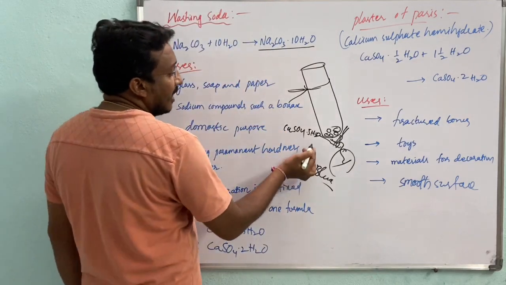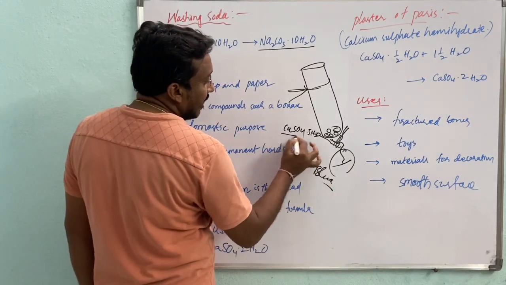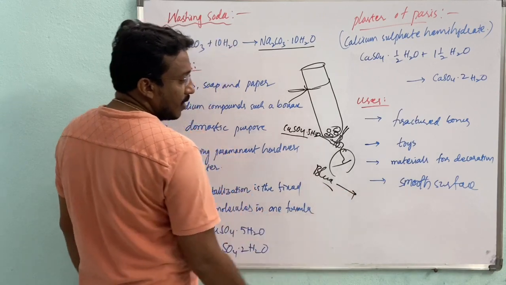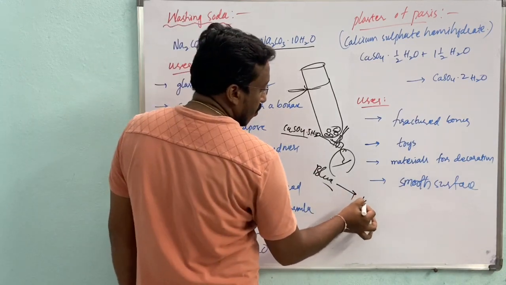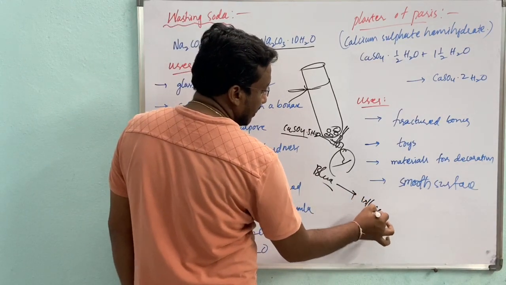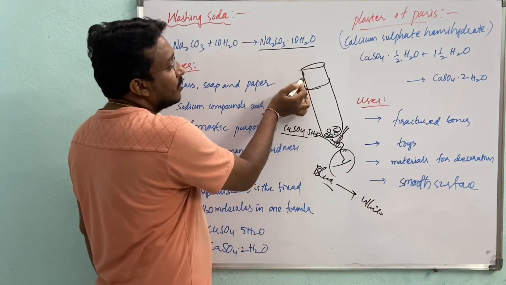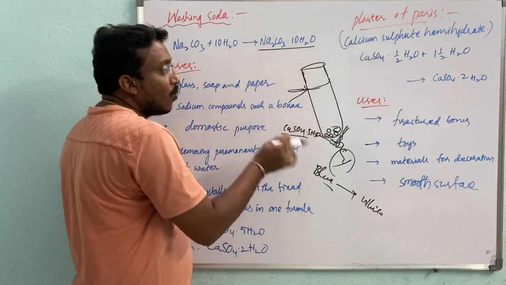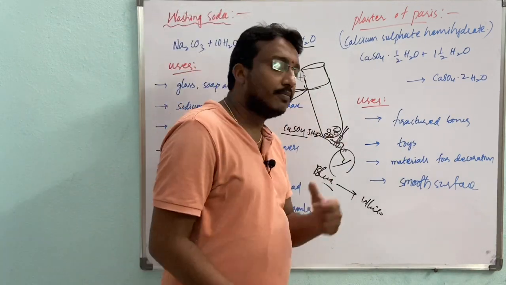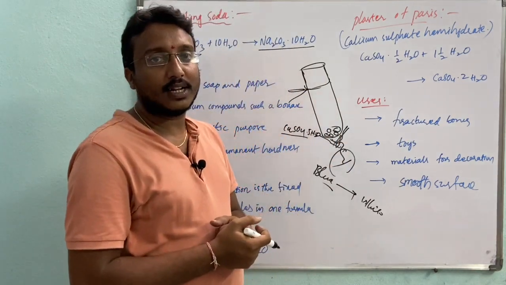You will observe that the blue color of the copper sulfate changes into white, and we can also observe water drops on the walls of the test tube.